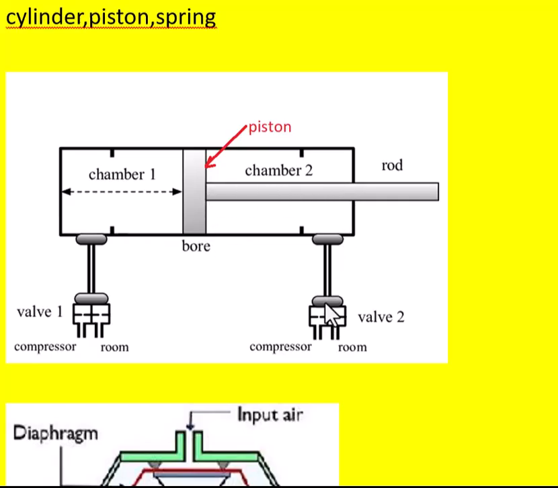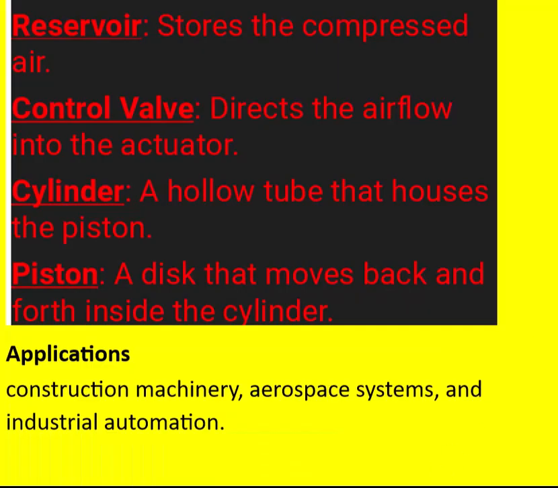Otherwise, chamber 2 pressurized air is used to bring this piston back to the original position. And depending upon the necessity, this operation is repeated, and its applications are construction machinery, aerospace systems, and industrial automation.